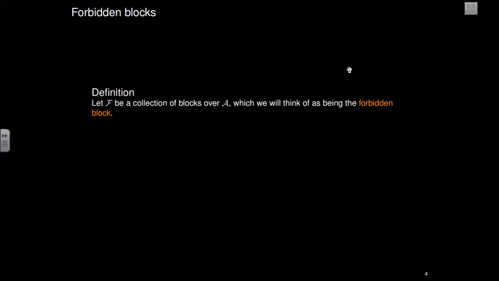Okay, let's go to another definition, forbidden blocks. Let F be a collection of blocks over A, which we will think of as the forbidden blocks. For example, F would be a subset of A star.